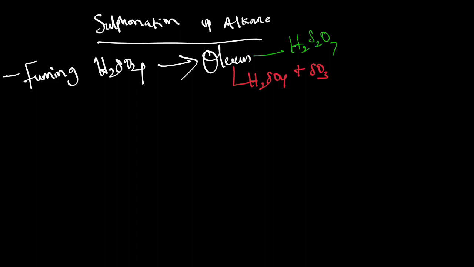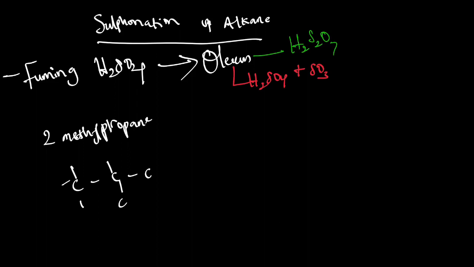Now, how does this proceed? I would not like to use abbreviations to explain this. I'll use a normal formula, 2-methylpropane, right? So let's draw it. It will have 3 carbons, with a 2-methyl, so it has something like this, right?